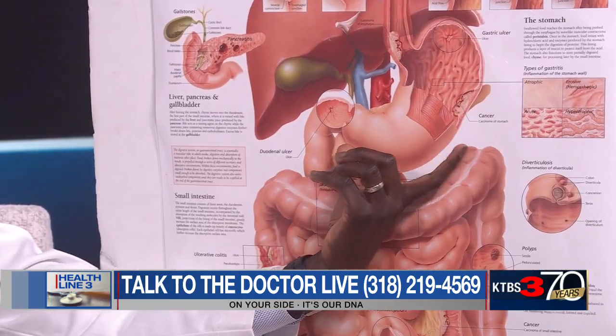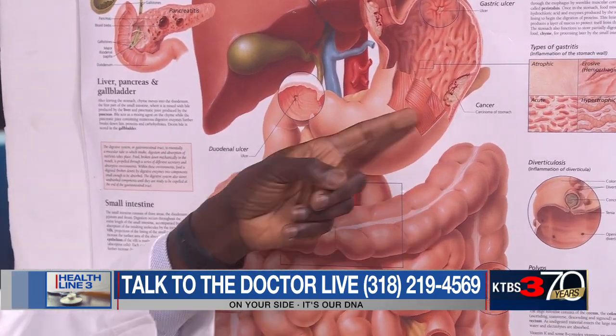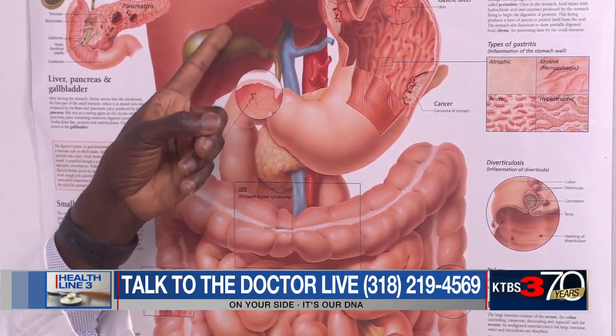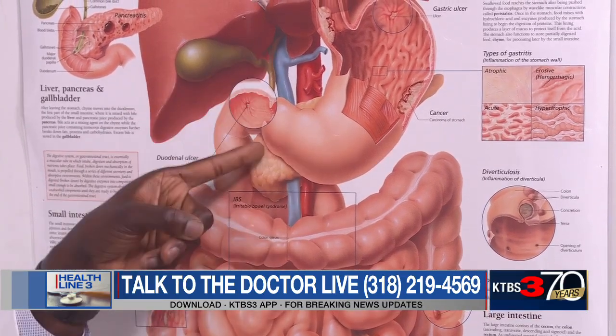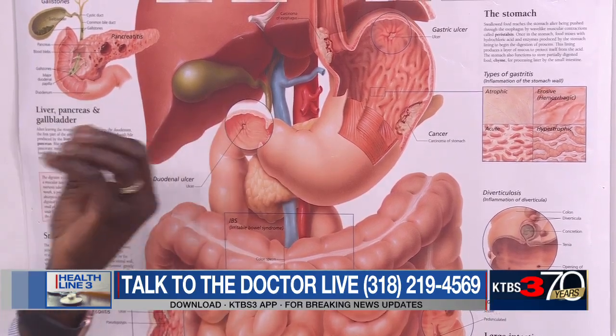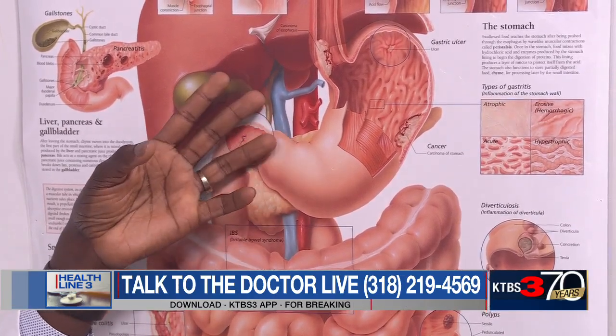On this screen, when I talk about pancreatic disease, the pancreas is right behind the stomach, so you may have belly aches right above your belly button, and the pain you feel right there originates from the pancreas. The pain may also originate from the gallbladder, or even within the bile duct. And the bile duct, as you can see, is a very small channel. These are very small channels that can get obstructed depending on what may be going on.